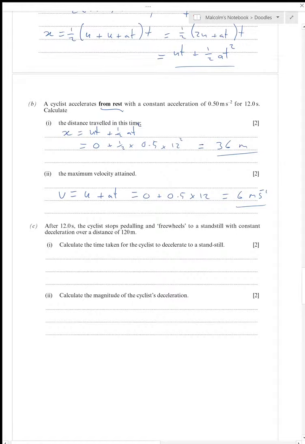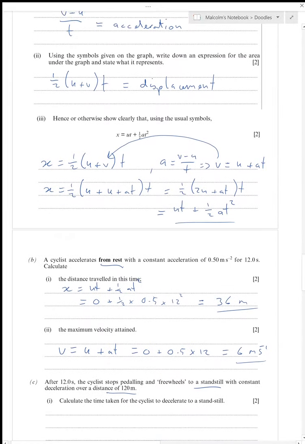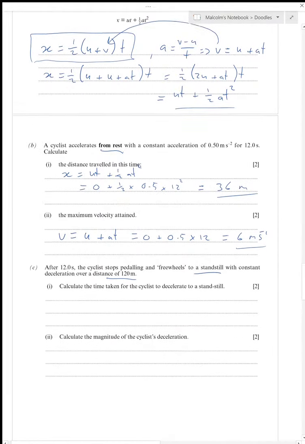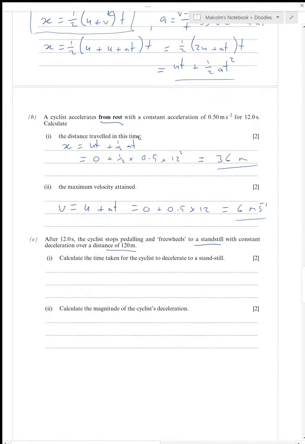So this next part C, after 12 seconds, we're stopping pedaling, freewheeling to a standstill. So to a standstill implies the final velocity is 0 with a constant deceleration, and we've got this distance of 120. Calculate the time taken. So if I look back up here a little bit, we can see that this expression, a half (u plus v) t, is going to give us all the details we need.